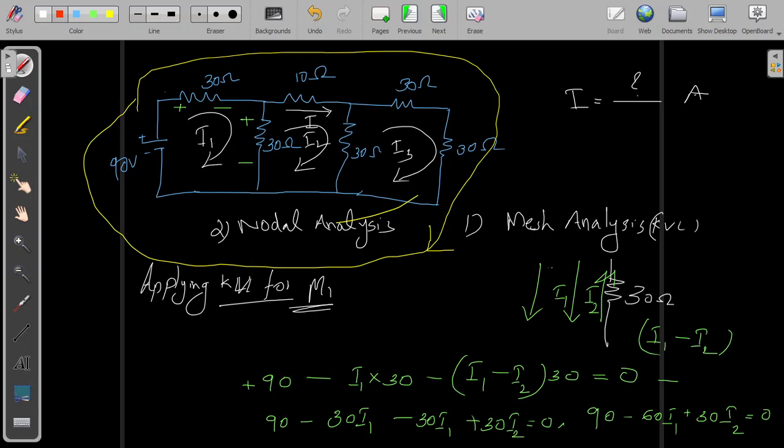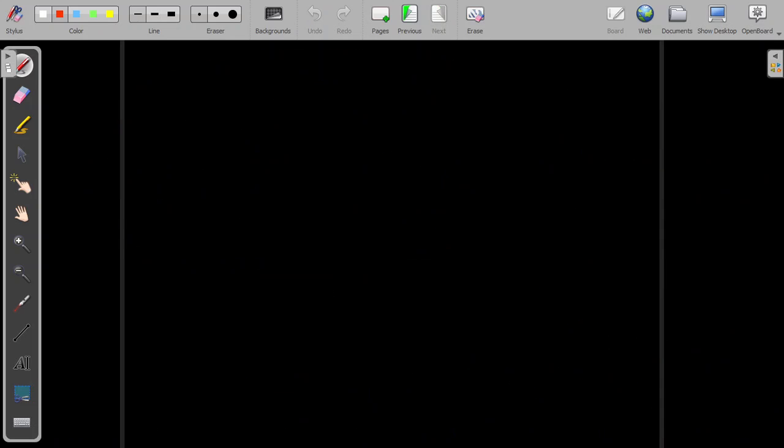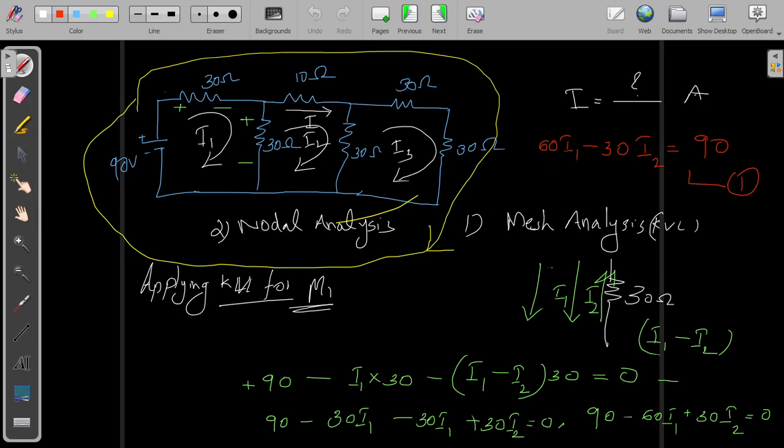Then I get 60 I1 minus 30 I2 equal to 90. This is my equation 1.